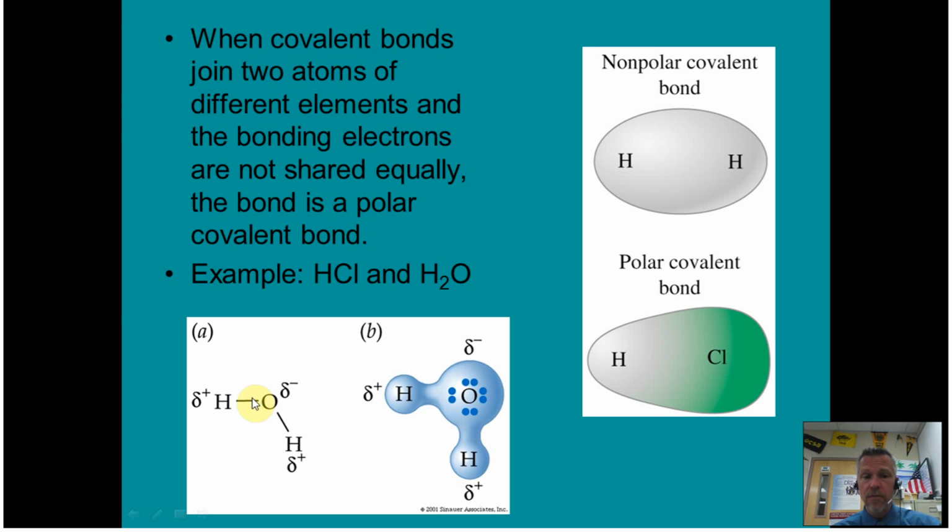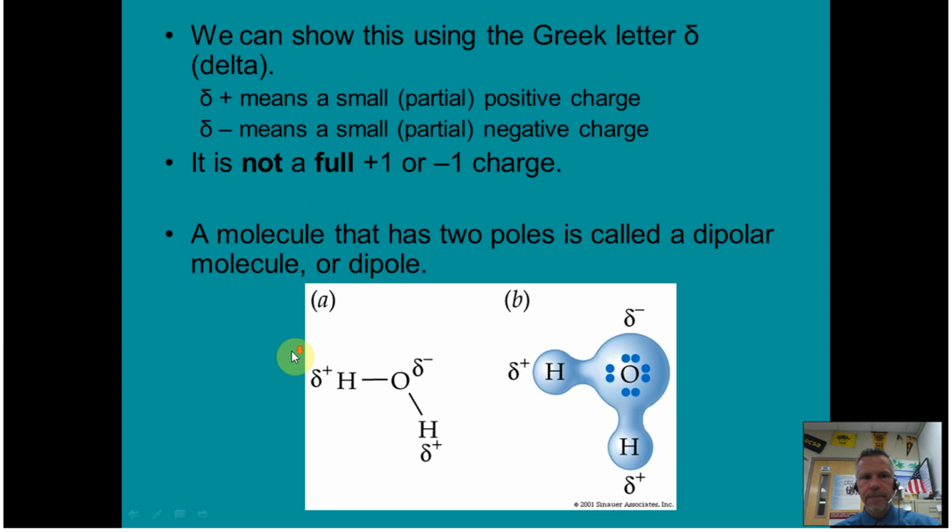That's what electronegative means. So that means that this electron pair that's being shared here and here, these are not evenly shared. Oxygen gets a bigger share of the bond than the hydrogens do. All right, and so water is another example of a polar covalent bond.